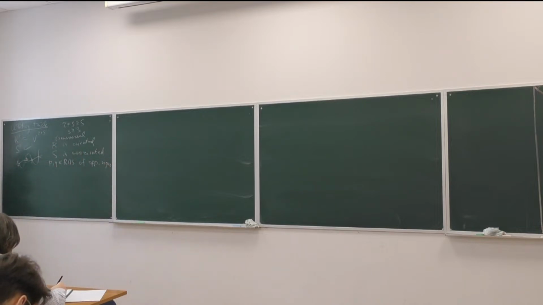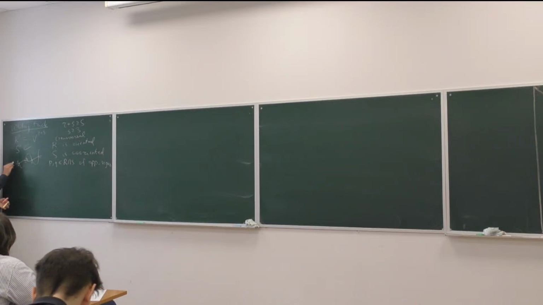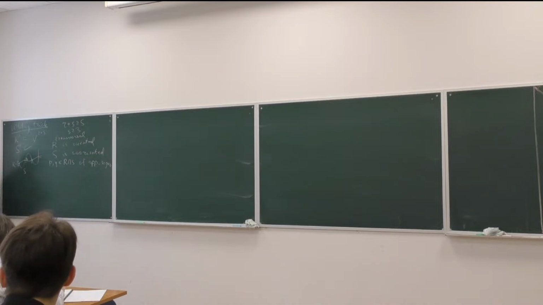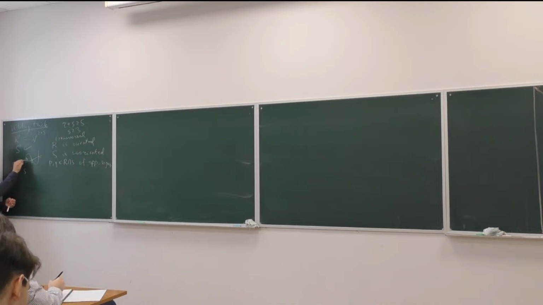And also, we assume the following: that there exist two paths between P and Q. One path is in R and the other in S. Both these paths together form a loop.